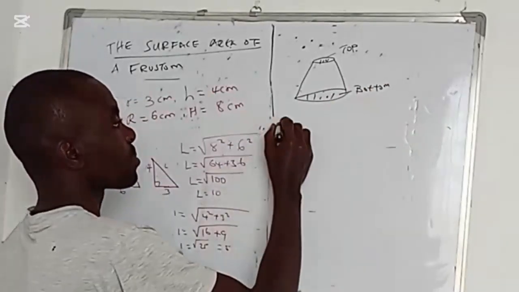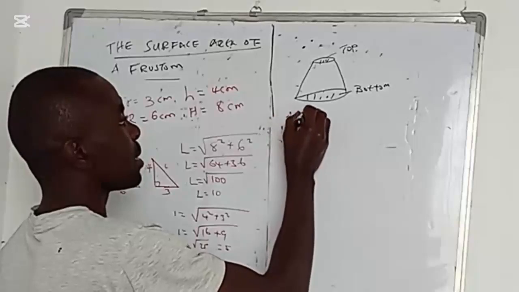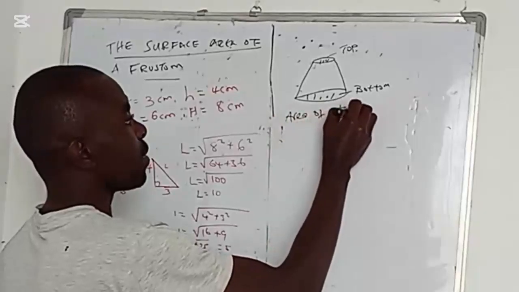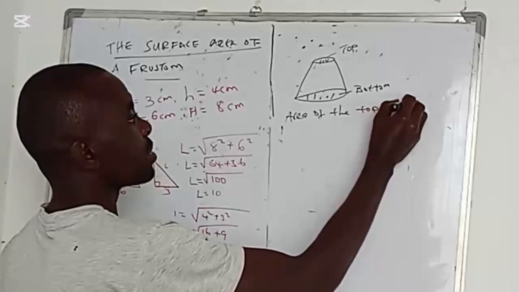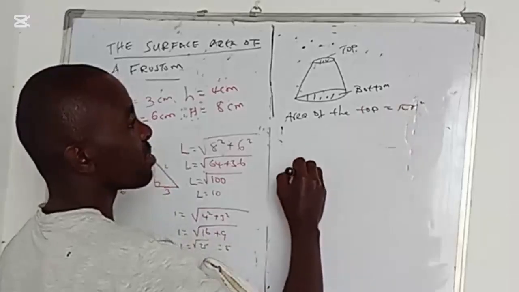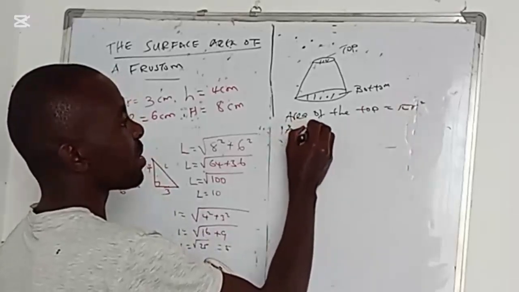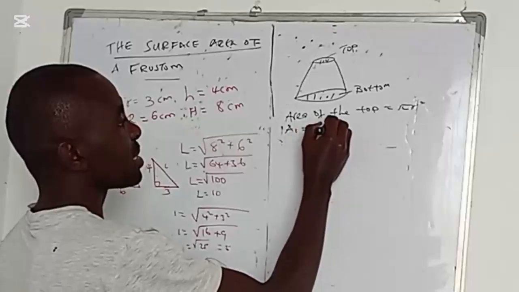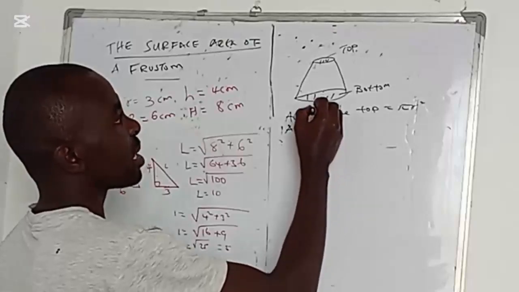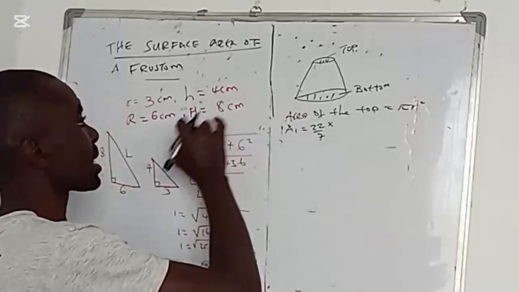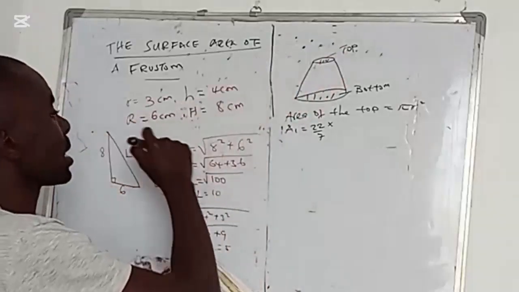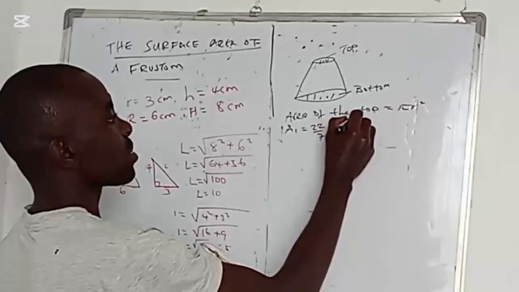It is a circle. So the area of the top is pi r squared. Let me call that area 1. So it's 22 over 7 times our radius. What is our small radius, the one for the top? 3. So 3 squared.